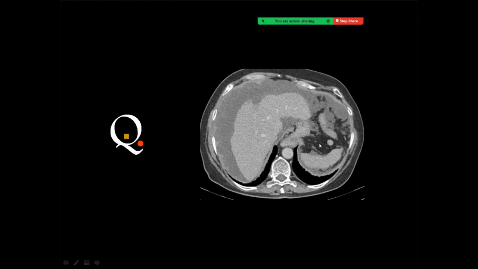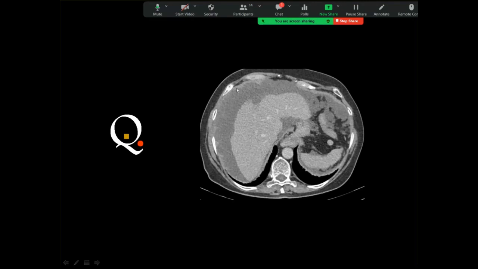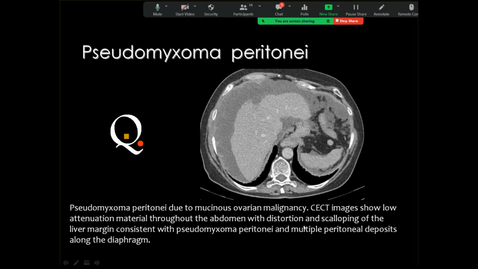Of course, you know that if there is a collection inside the peritoneal cavity and you got a scalloping of the surface of the liver and also a scalloping of the surface of the spleen, sometimes you can see it, and this is diagnostic of pseudomyxoma peritonei.